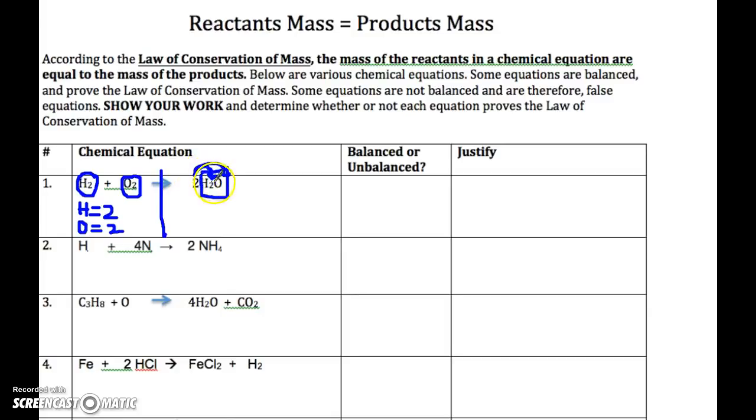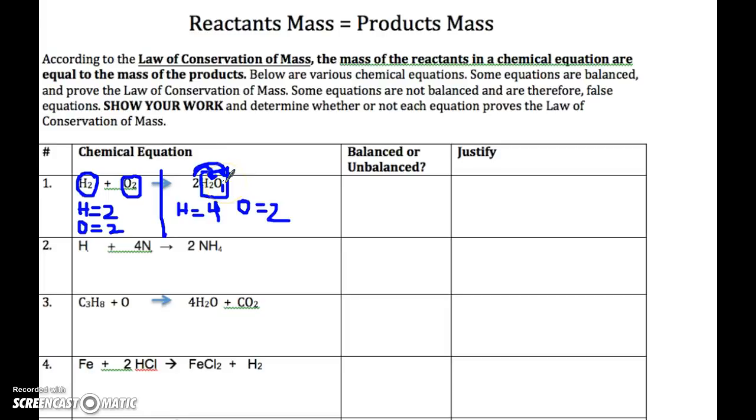So 2H2 would mean that H on this product side equals 4, because 2 times 2 hydrogen atoms means I would have a total of 4. And then I would also have to do the same for oxygen. 2 times, if there's no subscript here, I can imagine there's a 1. 2 times 1 oxygen atom means that I have a total of 2 oxygen atoms, because 2 times 1 is 2.